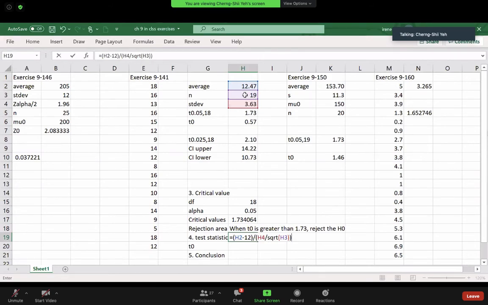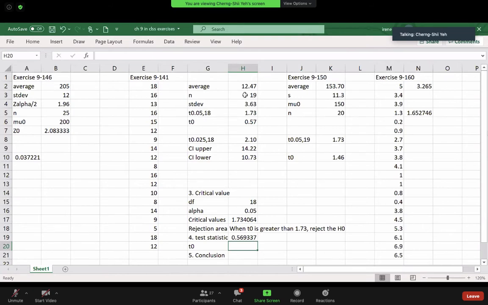Is there any question? The numerator is simply my sample mean, subtract our hypothesis test value, 12 days. Denominator, since population standard deviation is not given, we are going to use the sample standard deviation divided by square root of sample size. Okay, so that's our test statistic.